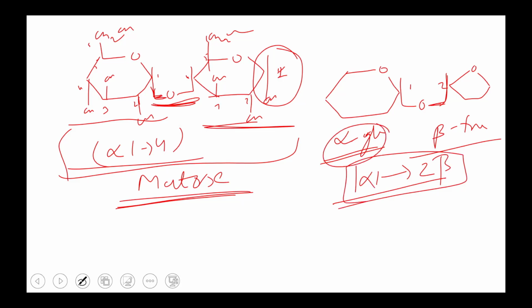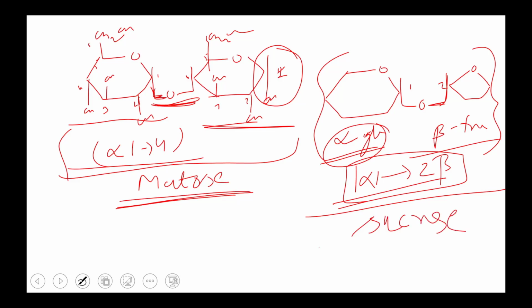From the glucose, the first carbon that harbors the aldehyde is involved in the glycosidic bond formation, and the second carbon, which is the keto group of fructose, is also involved in the bond formation. That is why no functional group is left to get oxidized and work as a reducing sugar. That is why sucrose is not a reducing sugar.